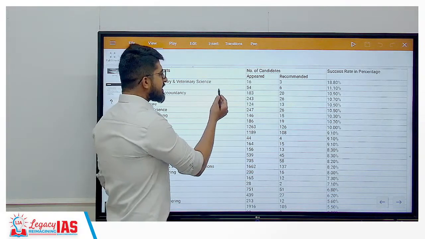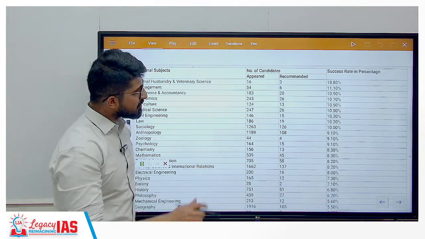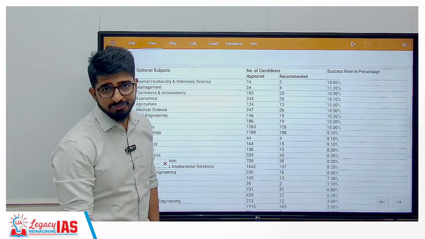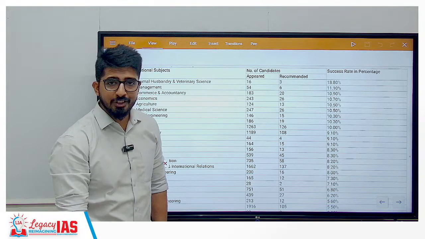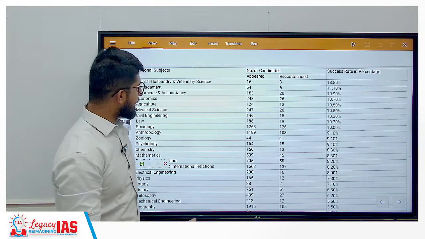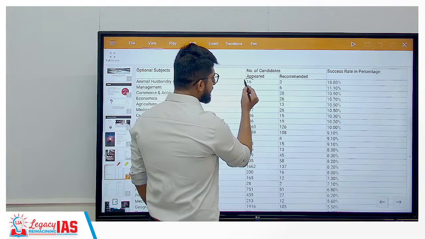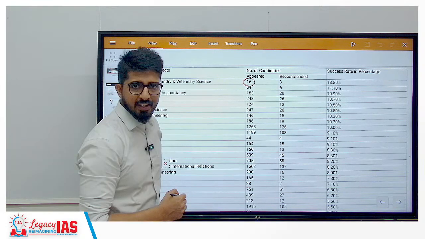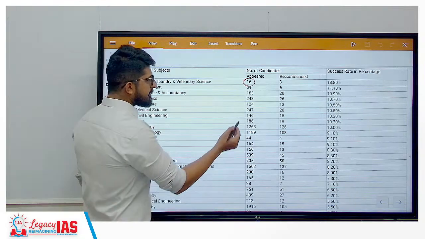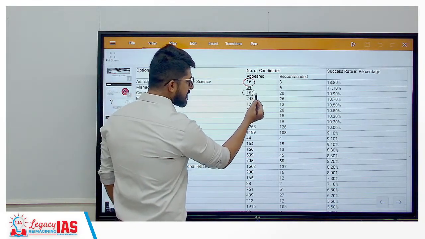See, animal husbandry and veterinary science, the success rate is almost 18%. Now that is very, very high compared to all the other optionals you see. But the thing is, look at the number of people who appeared. It is only 16. Let's say, if we take more than 100, this is the best performer.